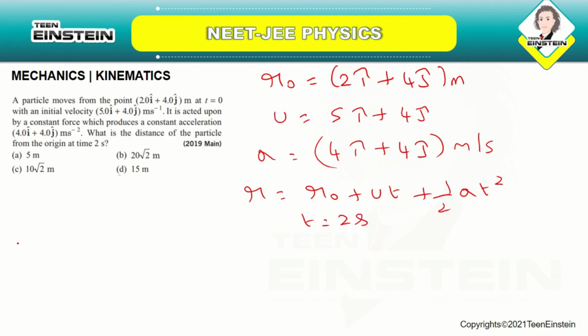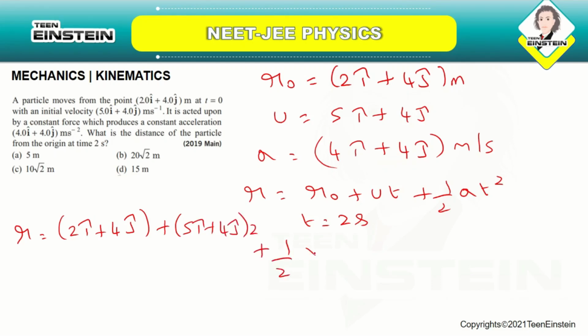So r will be equal to 2i plus 4j plus (5i plus 4j) into 2 plus half into 4 into (4i plus 4j). Okay, because t square will become 4.